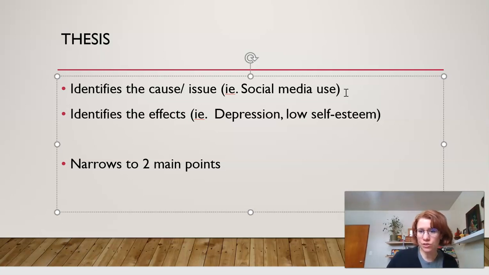That's where your research is going to be used to prove those 2 points. So yeah, that's basically your argument. And it falls under the cause and effect rather than a problem solution as the first one does.